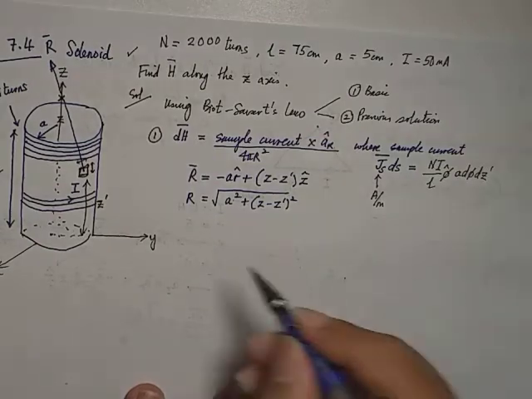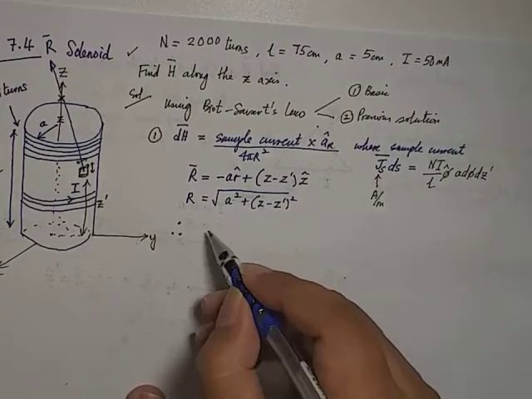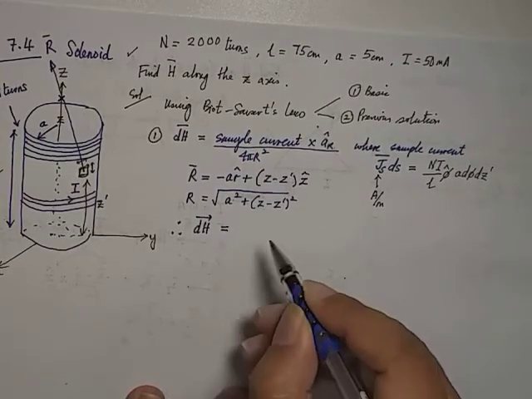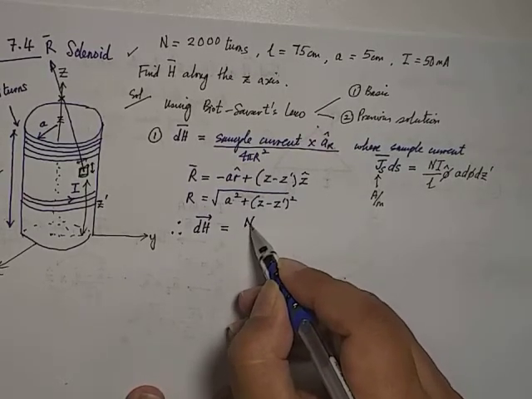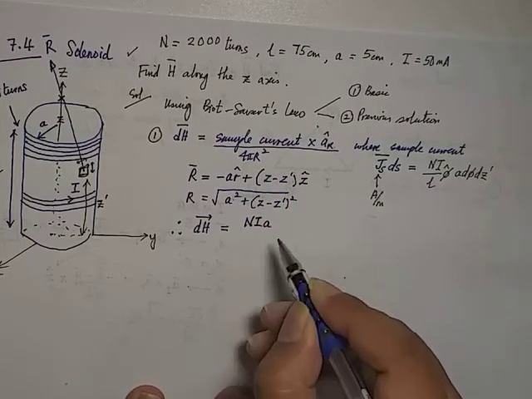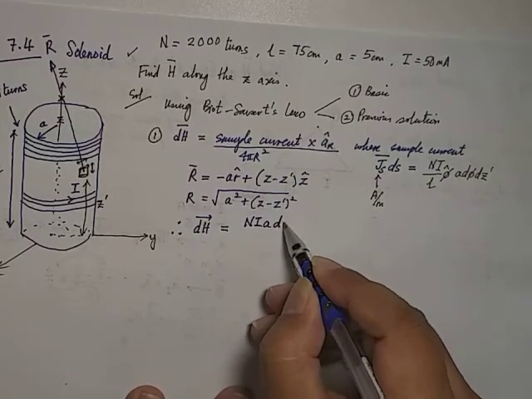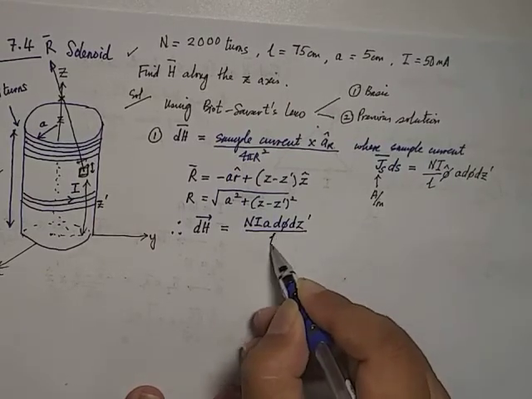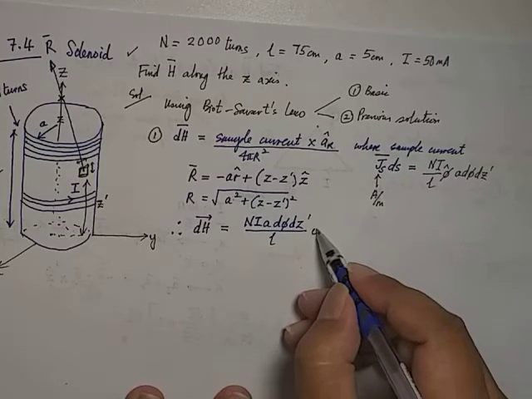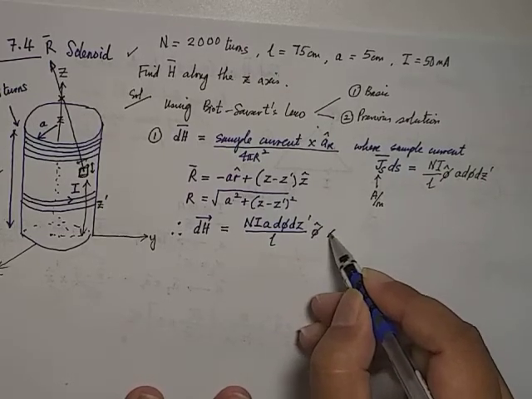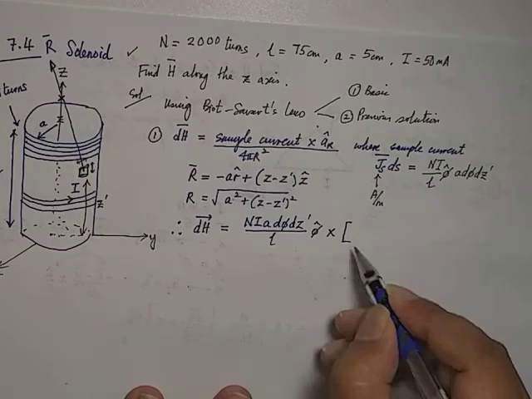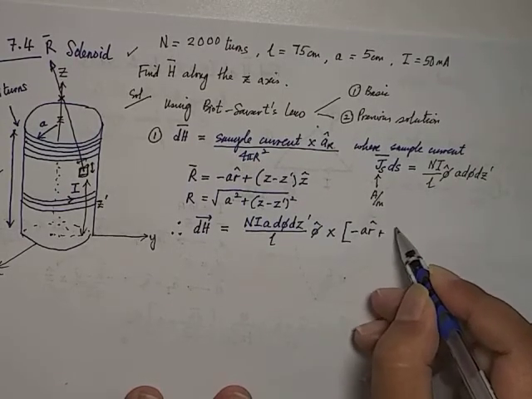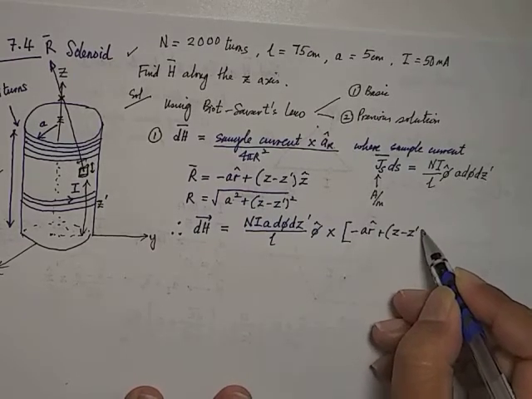Okay, so now, therefore, what we can do now is our dH is actually equal to NI A d phi dz prime over L, in the phi direction, cross now with minus aR plus (Z minus Z prime) aZ.